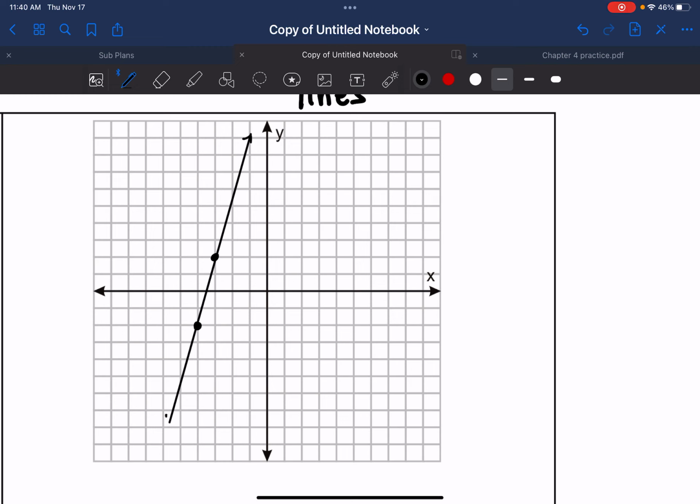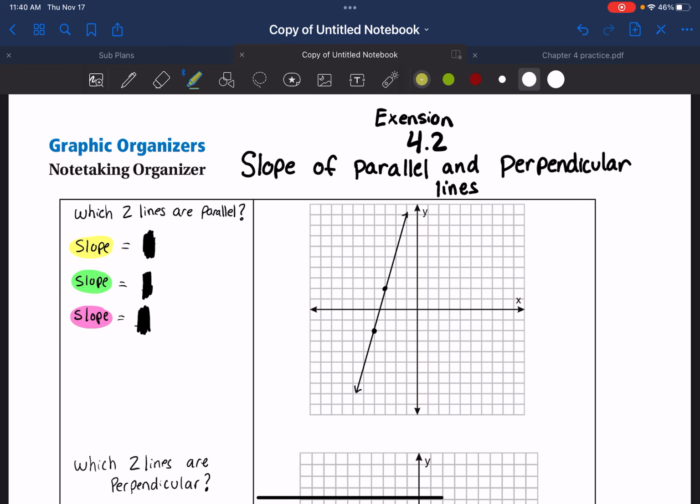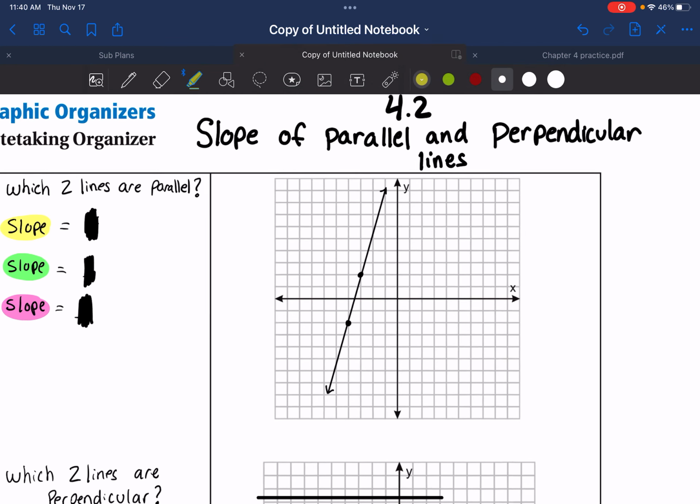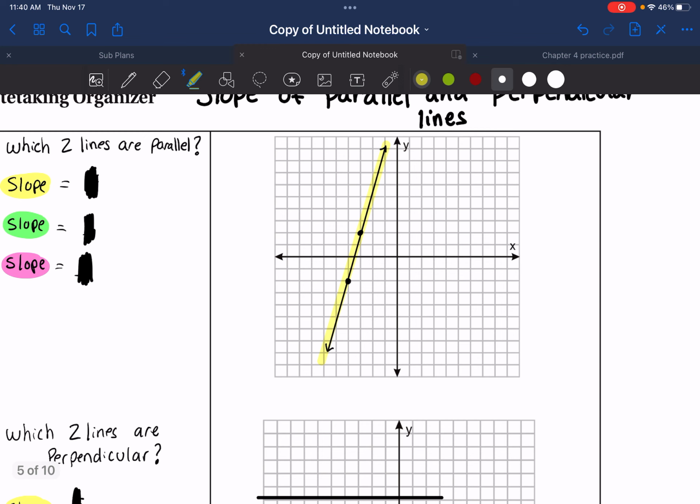Give me some arrows. Remember, if I'm going too fast, feel free to pause the video. The next thing I'm going to do is color code this line. This is going to be the yellow line. So I'm going to grab my yellow highlighter, and I'm going to go ahead and just highlight that line so I can remember that that's going to be yellow.